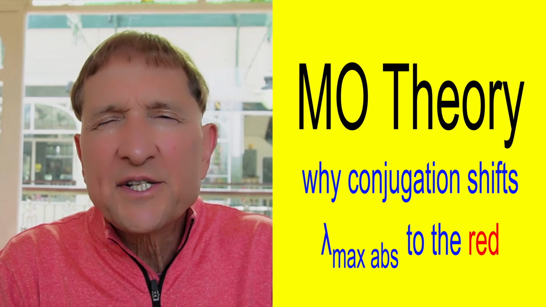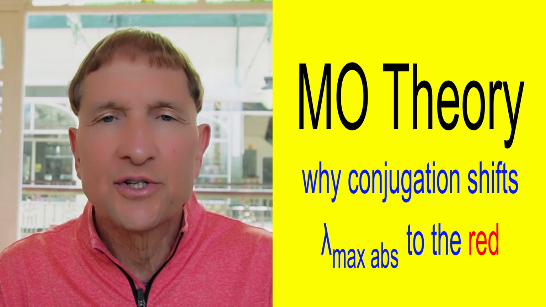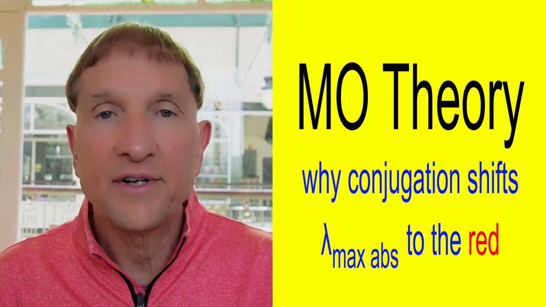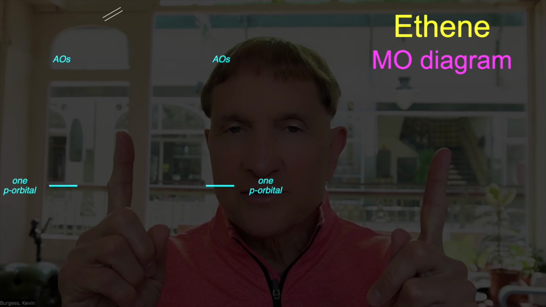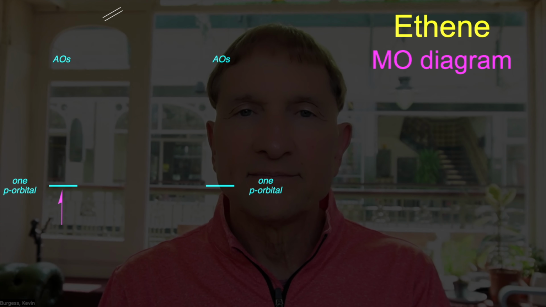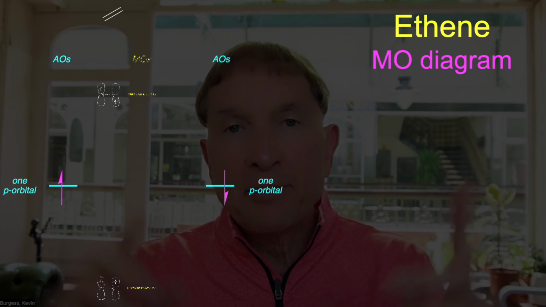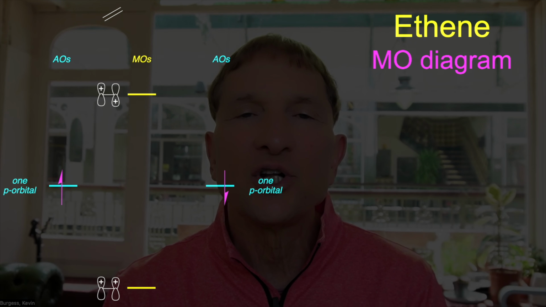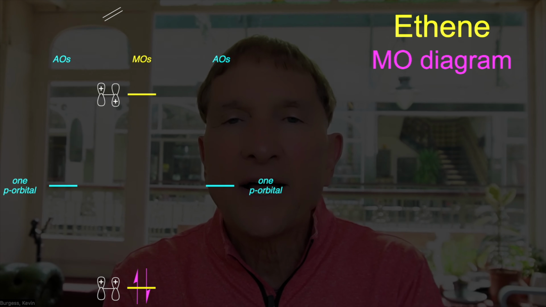But how do we explain redshift of lambda max with extended conjugation? We need MO theory to do that. Ethene mixes two p orbitals to form its double bond. They contain one electron each, and both those electrons move down to the lower molecular orbital when the two p orbitals combine.